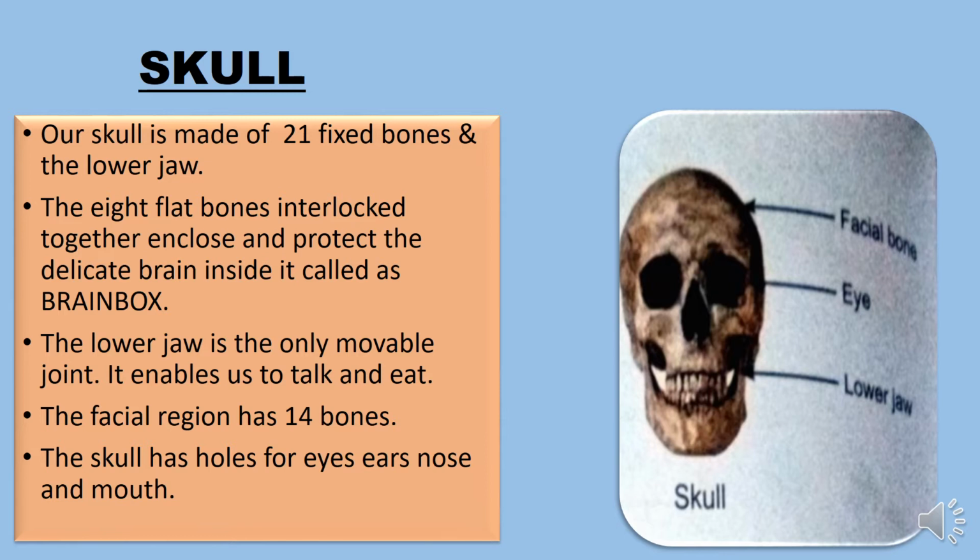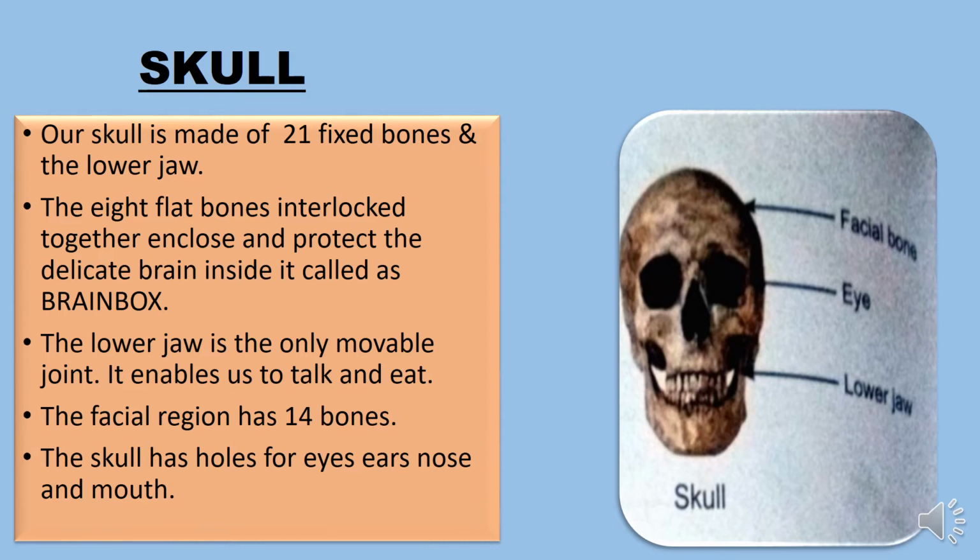The 8 flat bones interlock together, enclose and protect the delicate brain inside it, called the brain box. So our brain is protected inside a box which is called the brain box. The facial region, that is the face region of our body, consists of 14 bones.